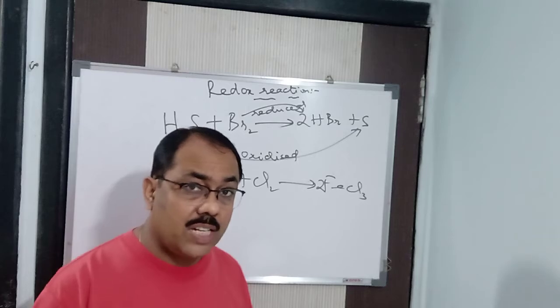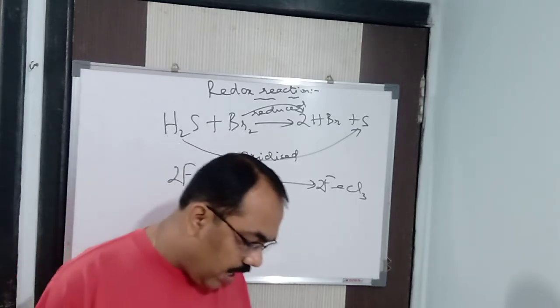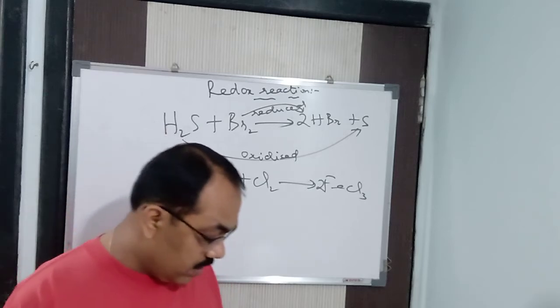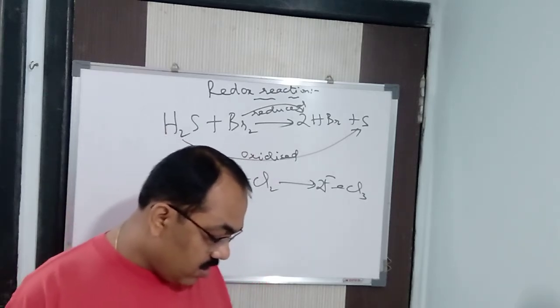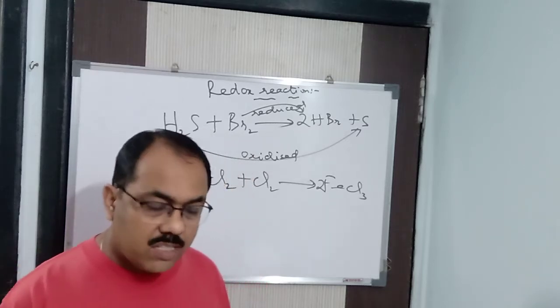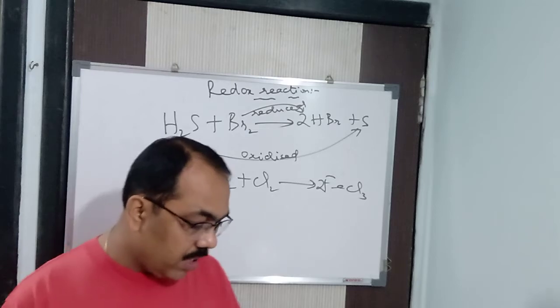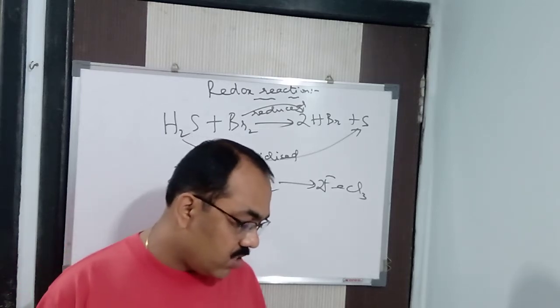Reductant is a substance which can donate one or more electrons. So in a redox reaction, oxidant is reduced by accepting electrons and reductant is oxidized by losing electrons. So that is called a redox reaction or oxidation reduction reaction.